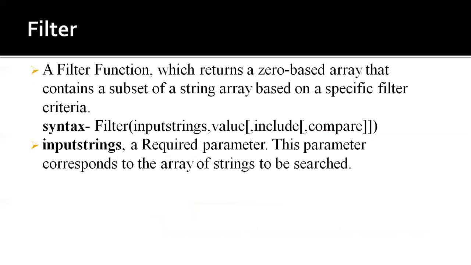The filter statement is used to return a zero-based array that contains a substring or subset of a string based on specific filter criteria, and the syntax is filter input string, comma value, include and compare, where input string is a required parameter and this parameter corresponds to an array of strings to be searched.